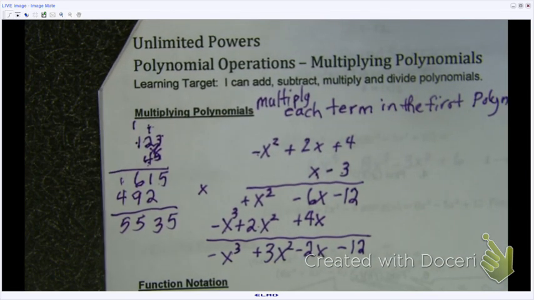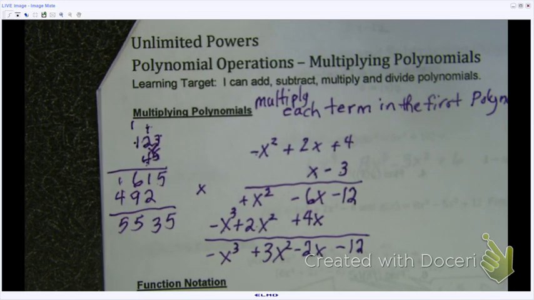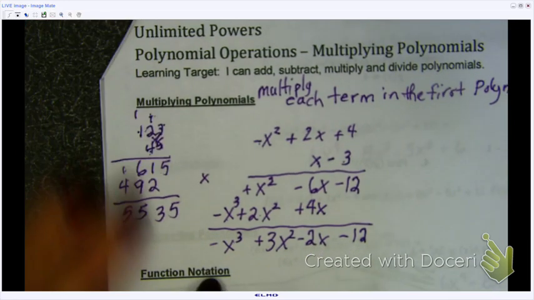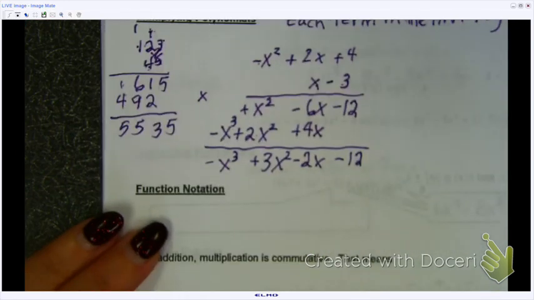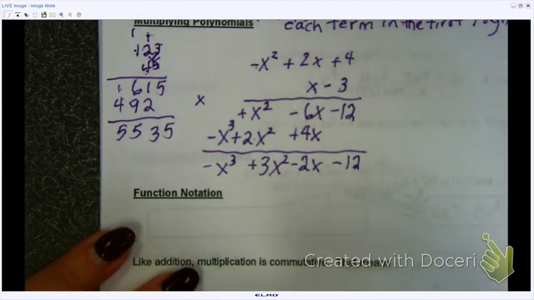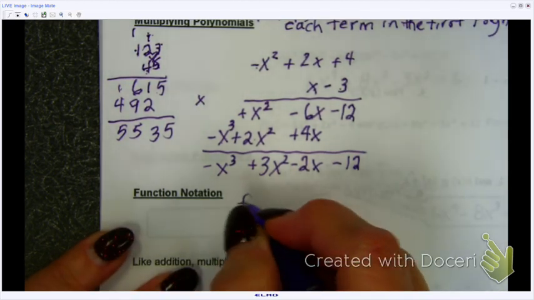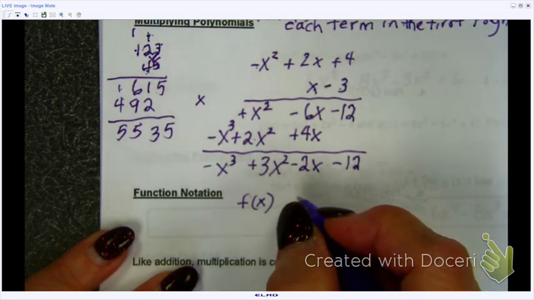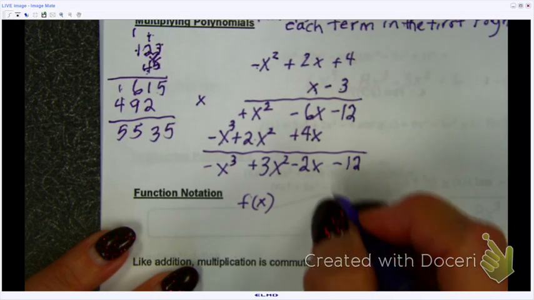So just like we had function notation, f plus g of x, we have function notation for multiplying. For function notation for multiplying, you have your two functions, so f of x and g of x.